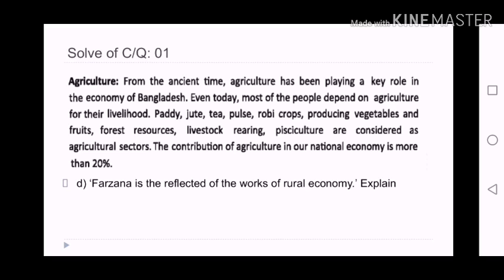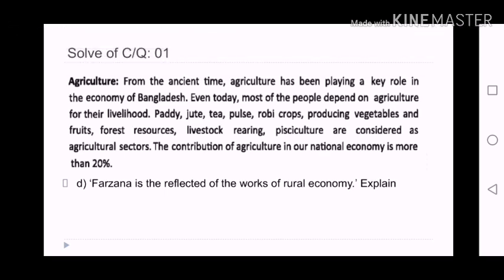So, you can also add the idea from your book. And you can see that in our economy, agriculture is contributing 20% of it. So, Farzana's work must and obviously is contributing to our economic sector.